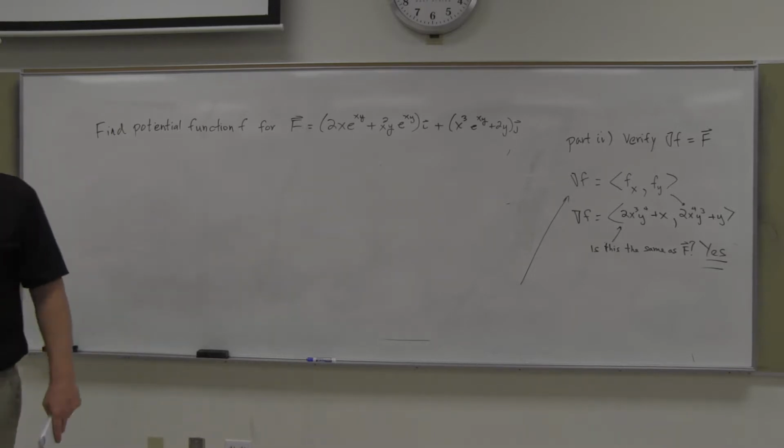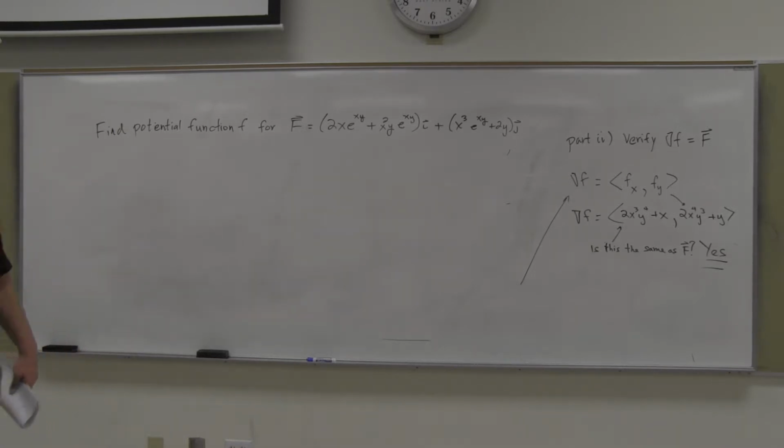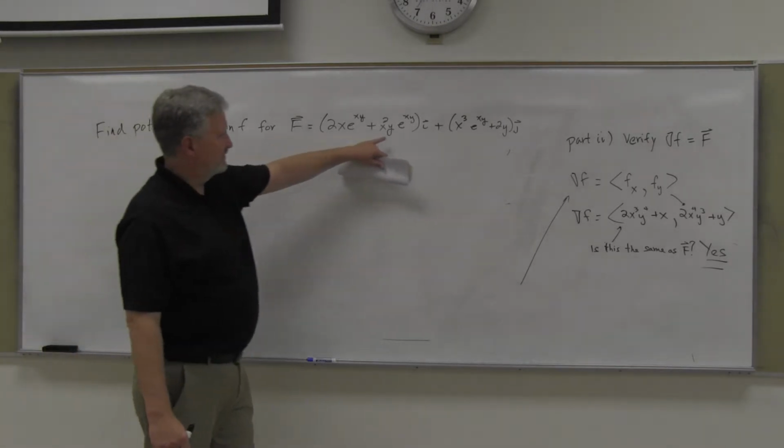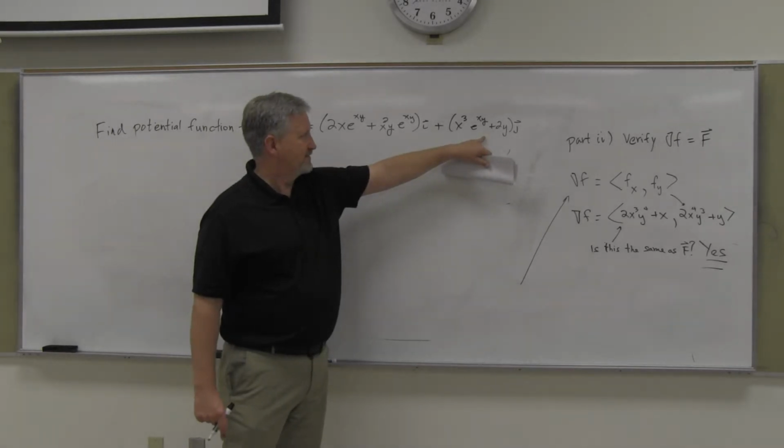Now, this one, compared to the first one we did here, I didn't prove that it's conservative. But I did prove this was conservative in a previous problem. Does that vaguely ring a bell? I just did it about 10 minutes ago.